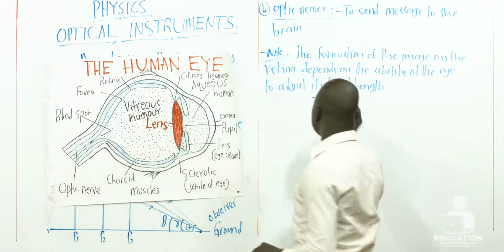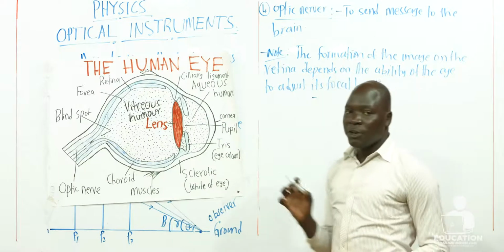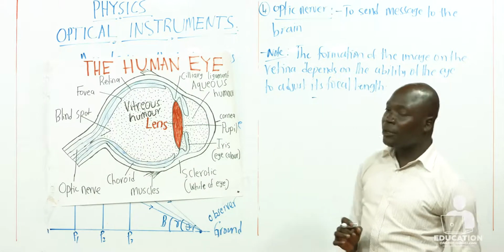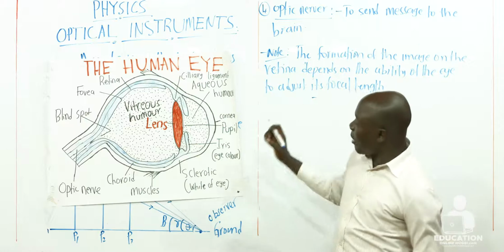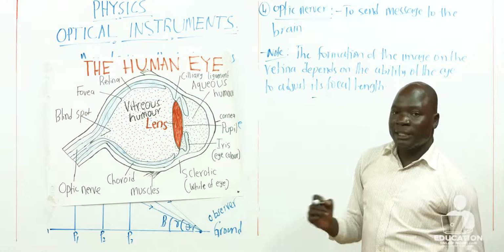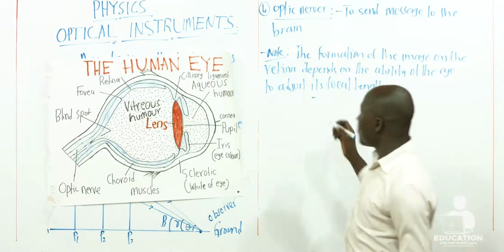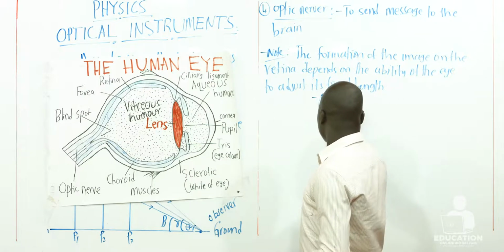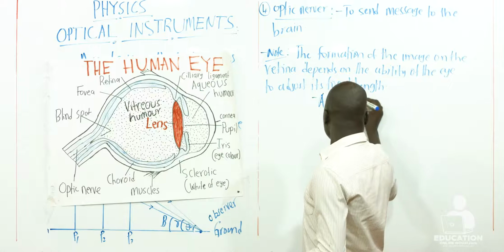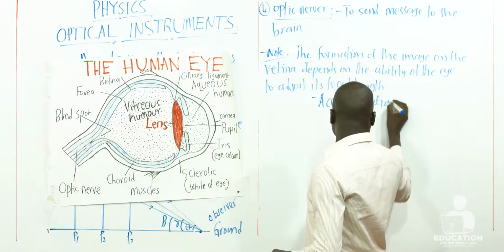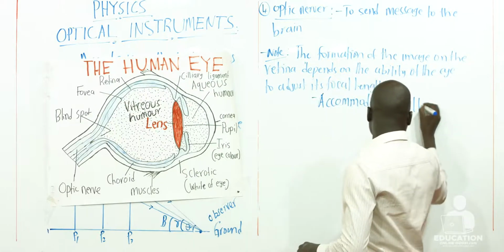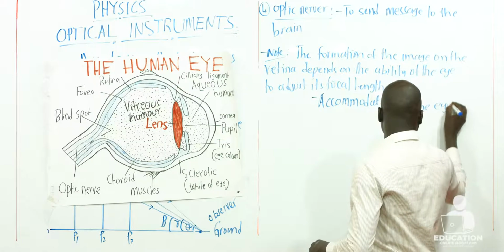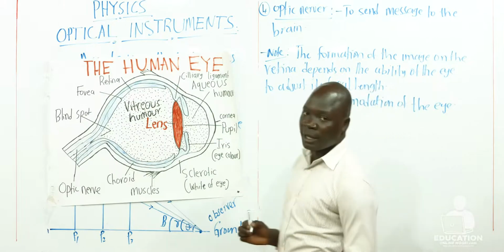So now, dear learners, this ability of the human eye to focus an image on the retina, or the ability of the human eye to adjust its focal length, is called accommodation of the eye.